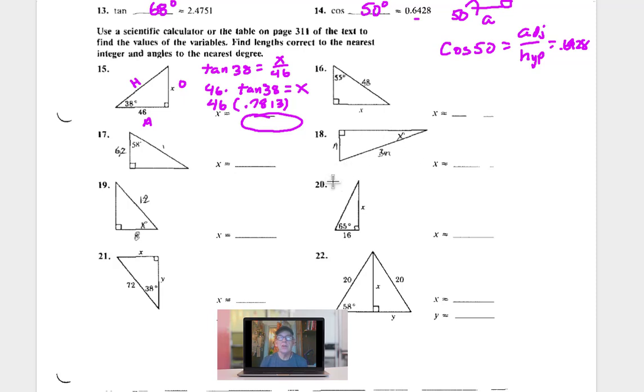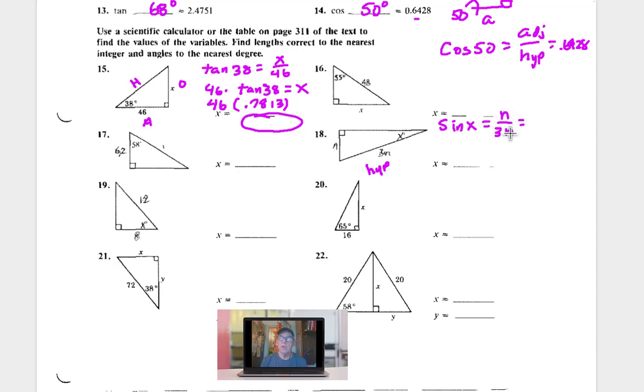So let's look at 18 here. We have n and 3n. Here's our angle, x. We want to find a value for x. N is the hypotenuse, so we have an opposite with a hypotenuse. That's going to be a sine ratio. So sine of x equals opposite n over hypotenuse 3n.